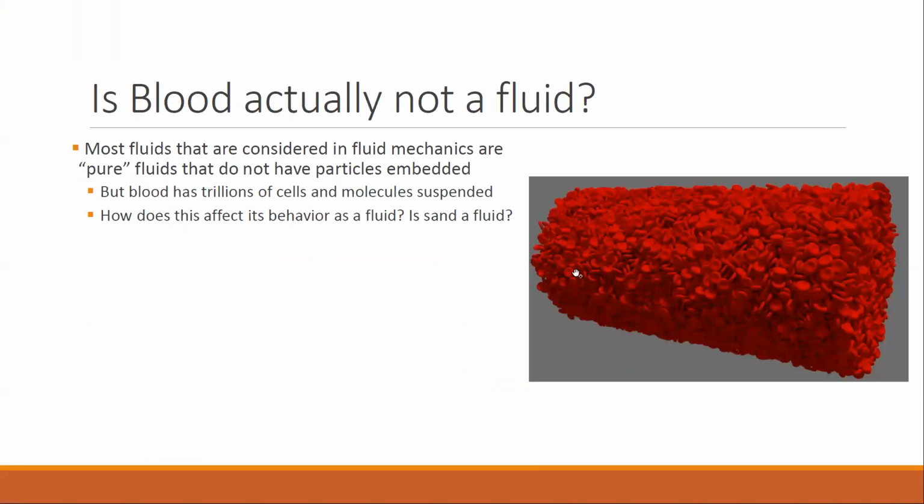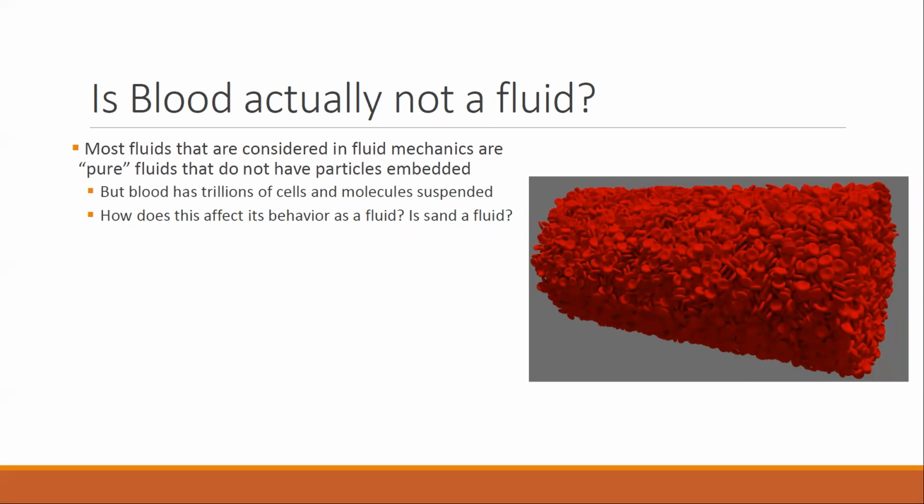Okay. And so now that we're done talking about all the different cells that are in your blood, it's fair to ask, is blood actually not a fluid? We talked about earlier that blood's actually a plasma with cells. When you compare blood to a pure fluid like water, they're different.